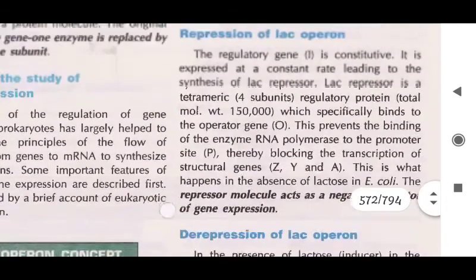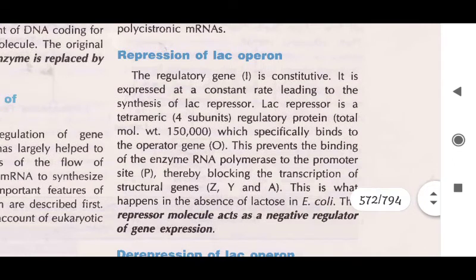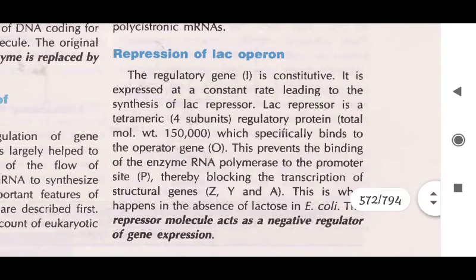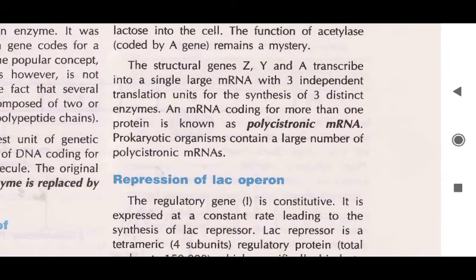So how does it work? Repression of the lac operon. Now one more thing I want to say: the genes we are talking about, lacZ, lacY, and lacA, all encode three different enzymes, and they are three independent translational units.